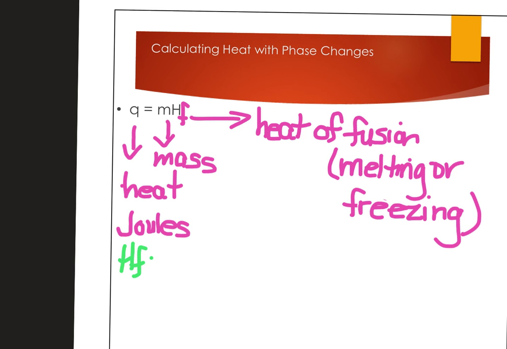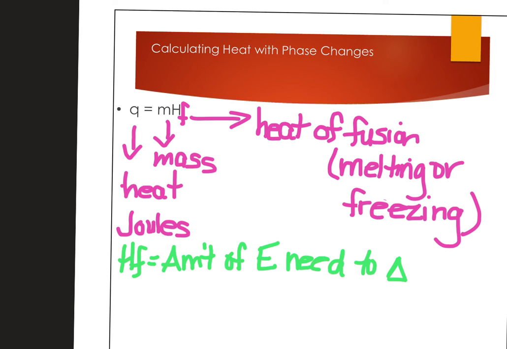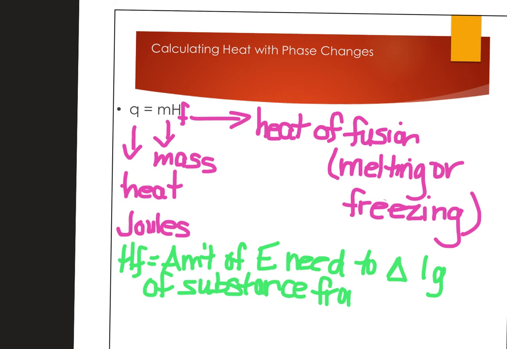Heat of fusion is the amount of energy needed to change, the triangle means change, 1 gram of a substance from solid to liquid, or if we're going downhill, liquid to solid.